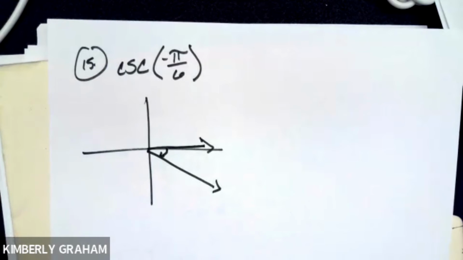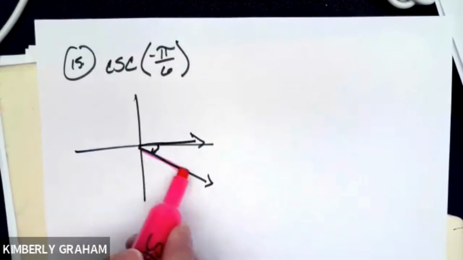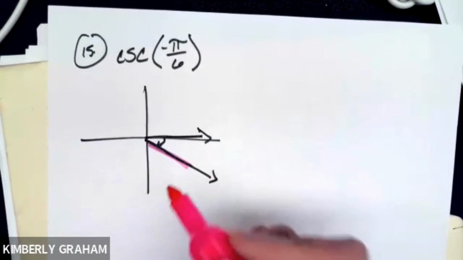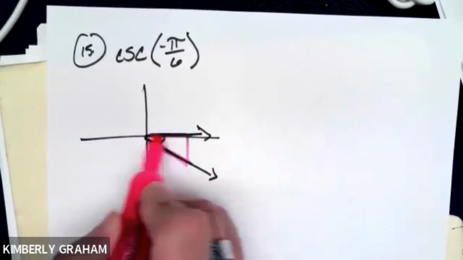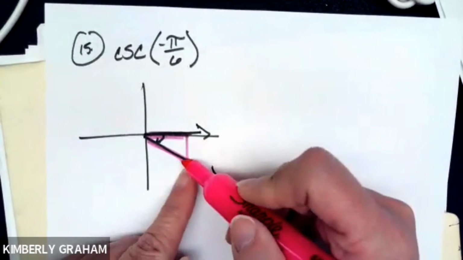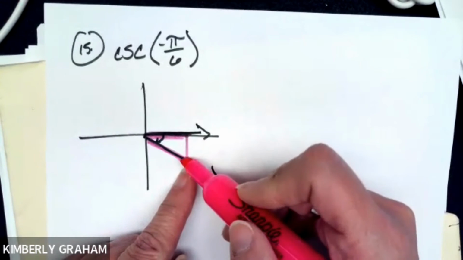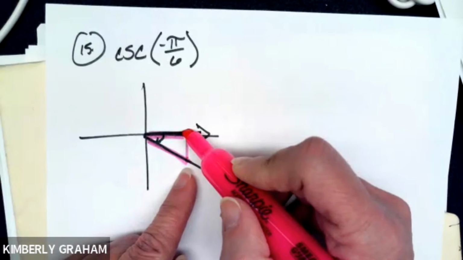Your reference angle is always going to be made by the terminal side of your angle and the x-axis. Right? So if you're down here in quadrant 4, you pick a point on your terminal side and you're going to go straight up to the x-axis.